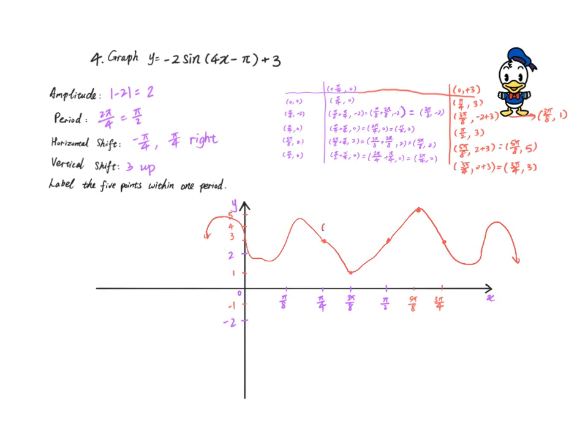Go ahead and label it out. I know you already have it on your table, but if you label it out one more time for me, it would be better. 3 pi over 8 and 1. Pi over 2 and 3. No, 5 pi over 8 and 5.